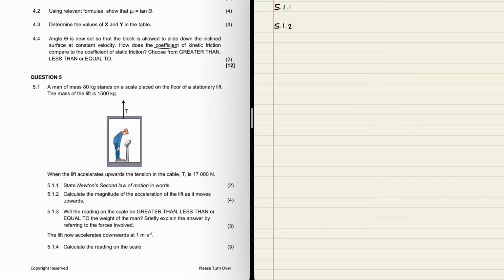5.1.2, calculate the magnitude of the acceleration of the lift as it moves upward. So we can apply Newton's second law. We'll say F net equals ma. Now, the forces that are acting on the lift are going to be tension. So tension is going upward, and there's the force of gravity going downward.